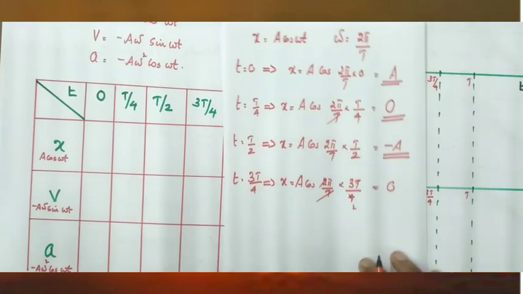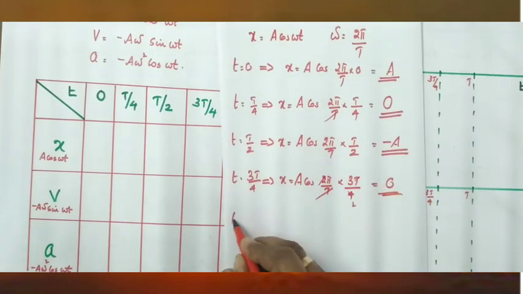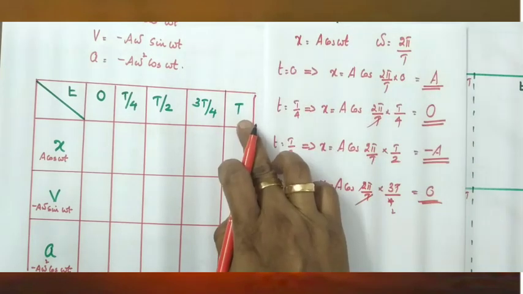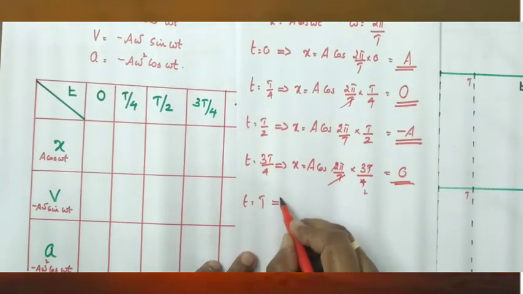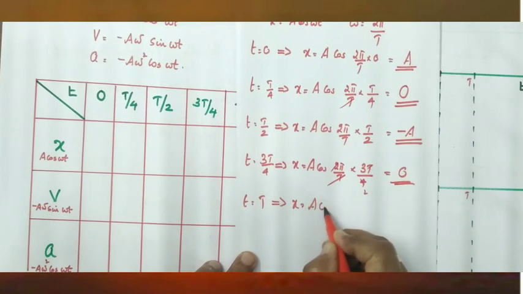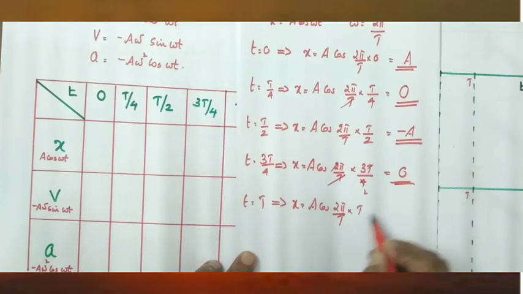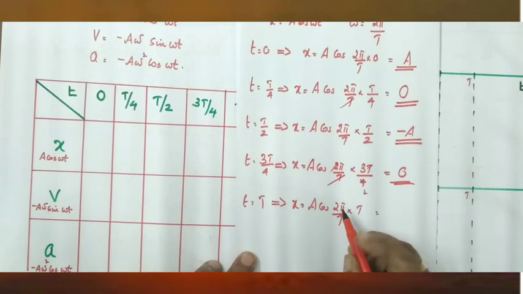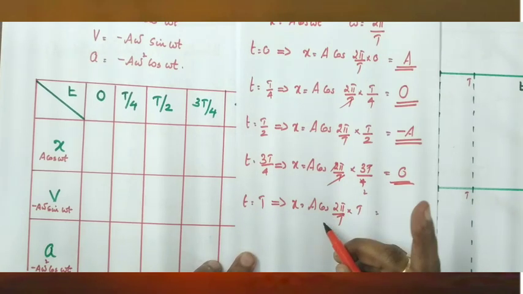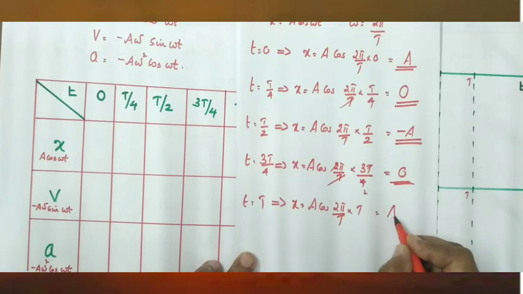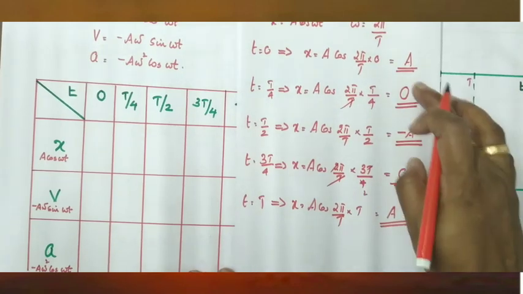Then t is equal to the final time period T. In that case x is equal to A cos(2 pi by T into T). T gets cancelled, cos 2 pi. Cos pi is minus 1, cos 2 pi is 1. So here it again becomes A. So these are the values.